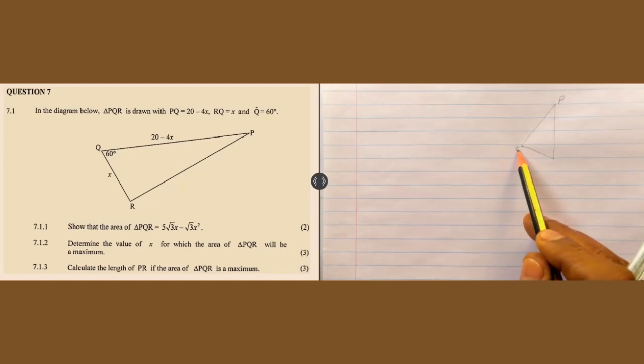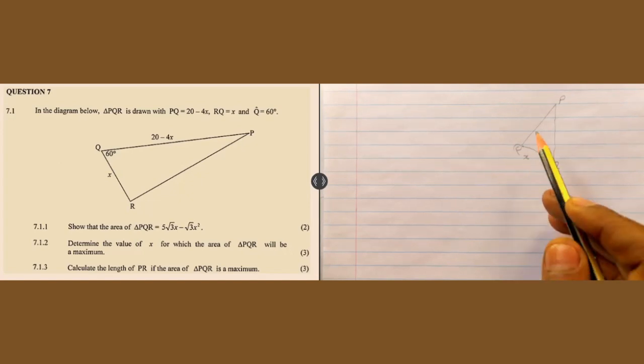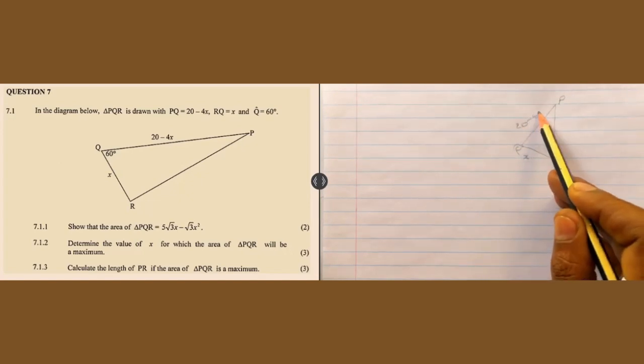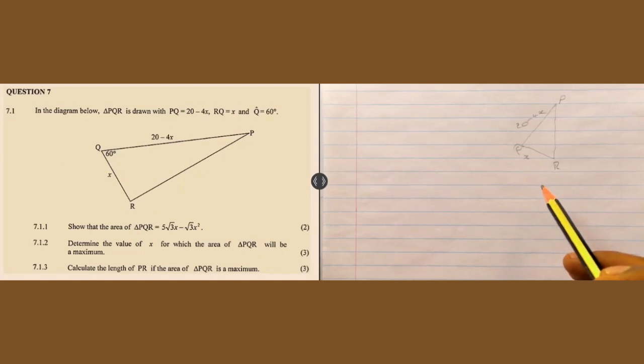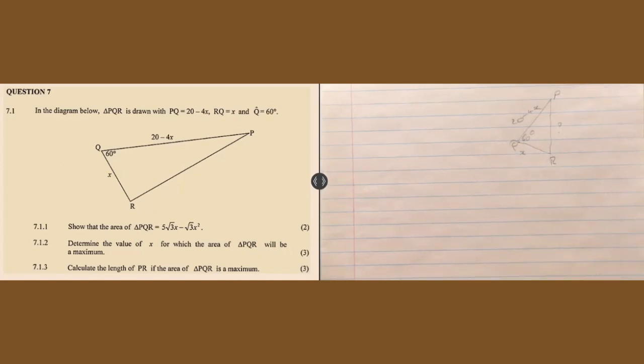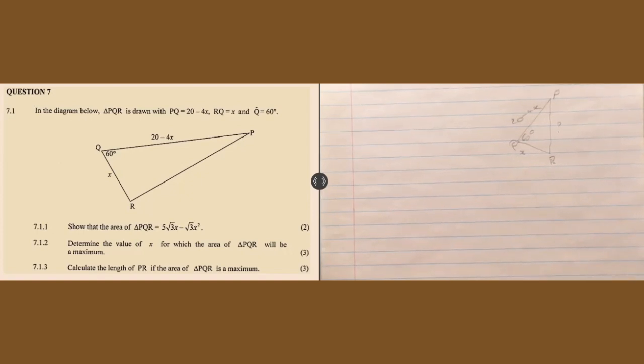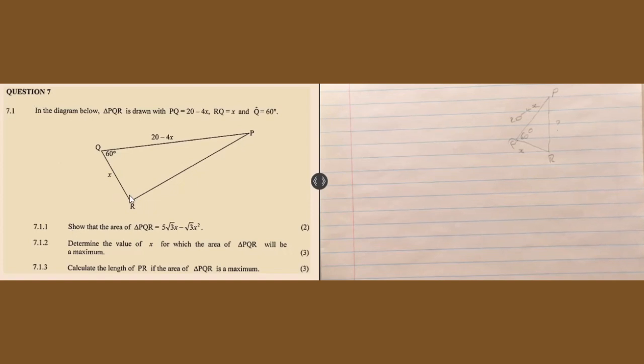I say, okay, I have PQR. Right, now I have x, then I have this 20 minus 4x, but for this PR, I've got nothing there. What am I going to do? Then you say, no, man, no. I know from grade 10, grade 11, no. You say no. This is grade 12 because this angle there is not 90, isn't it? They didn't tell us that it's 90.